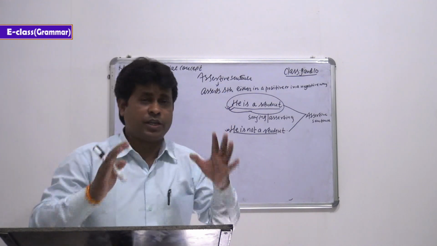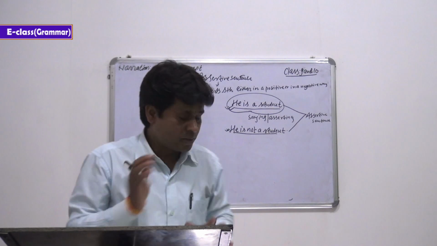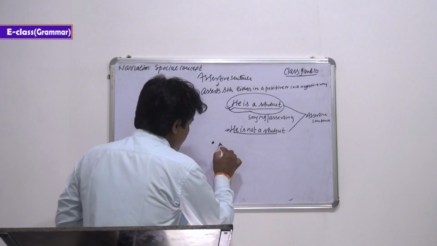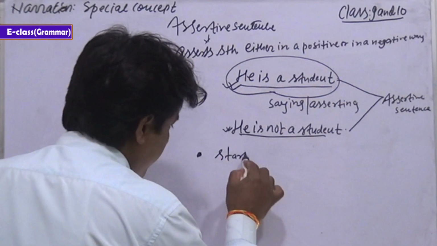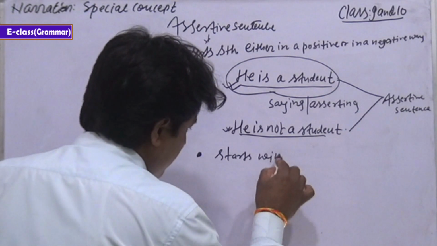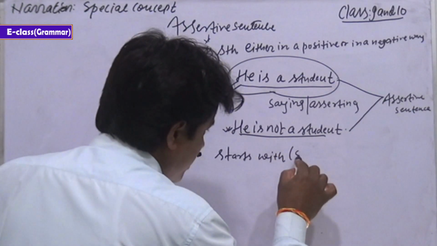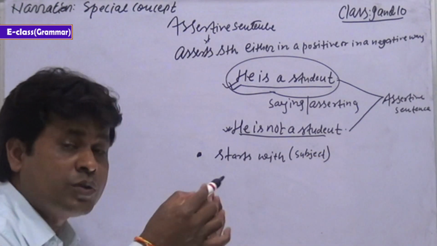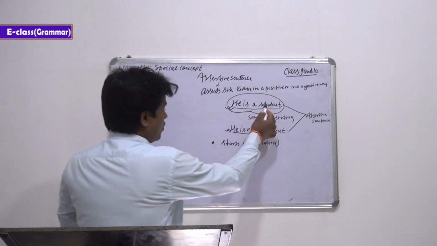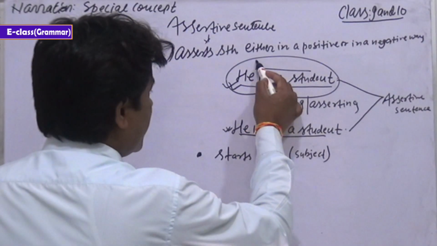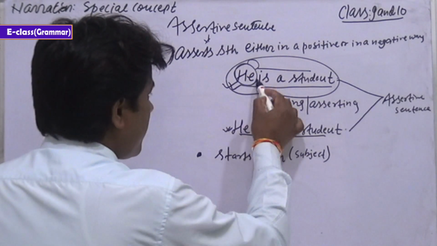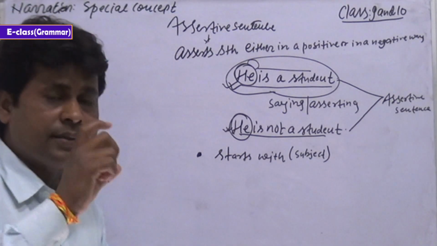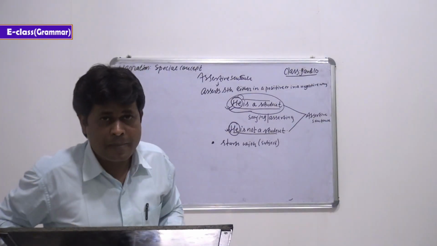Let's see structurally what an assertive sentence is. My dear students, write down now. An assertive sentence starts with a subject. Yes, it always starts with a subject. See here. What has this sentence started with? He. He is the subject. This is one of the elements of an assertive sentence.